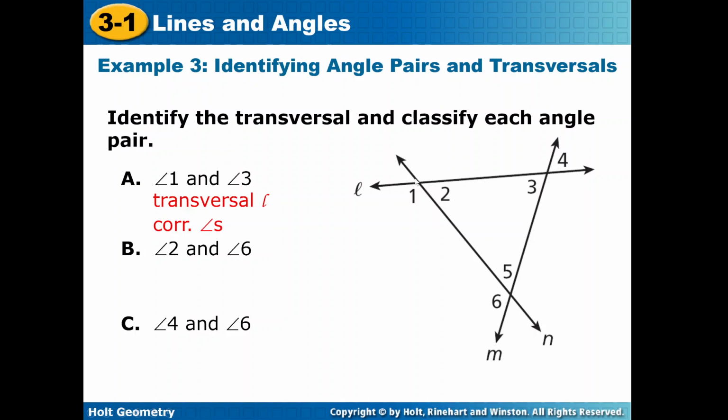The transversal will be line N, because that's the common line going through those two lines, L and M. This one is bounded inside those two lines, so it's alternate interior angles. Angle 4 and 6, the transversal will be M. And this one, they're all sitting outside those two lines, L and N.